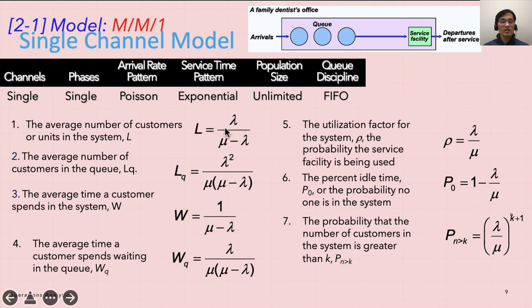Mu is how many people or demands a server can take care of and process. If there are 10 customers and you can process 20 people in an hour, then it's a very efficient situation. However, if your mu is only 5 when your demand is 10, then you are going to incur more people waiting for you, right? It's not a good situation because your line is going to increase more and more.